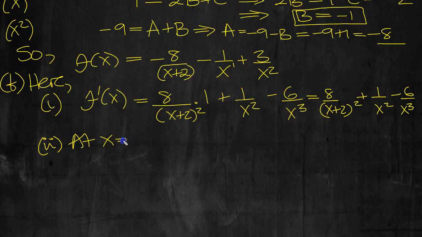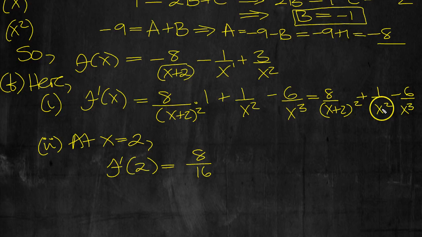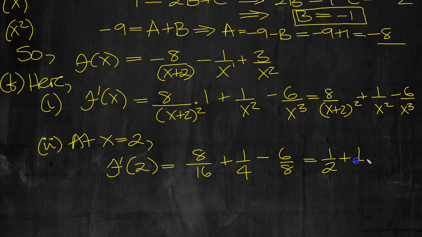At x equals 2 then, f'(2) is equal to 8 over 2 + 2 is 4, 4 squared is 16. 1 over 2 squared is 4. And minus 6 over 2 cubed, which is 8. So we get a half plus a quarter minus 3/4, which equals 0, doesn't it?